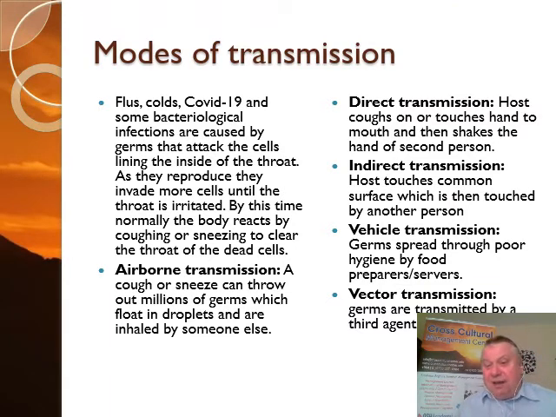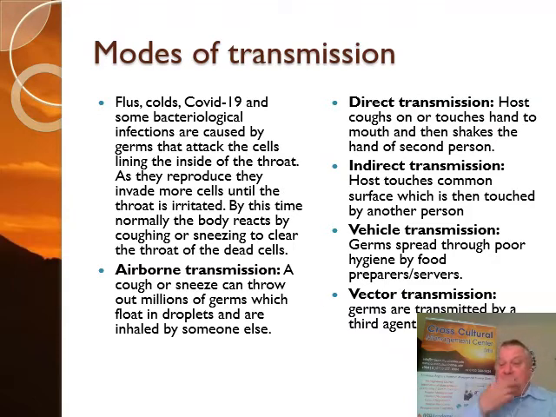But here's another thing. For a lot of these diseases, there are also ways that they pass from one person to the other, right? So when you sneeze or cough, everybody around you suddenly is breathing in what you just coughed up, right? That's called airborne transmission.